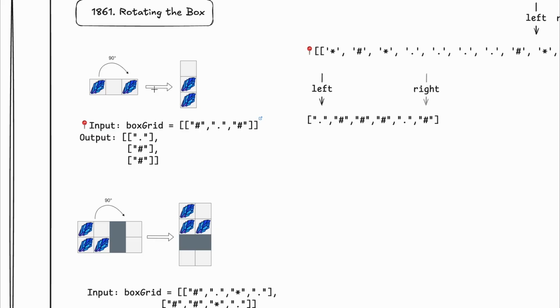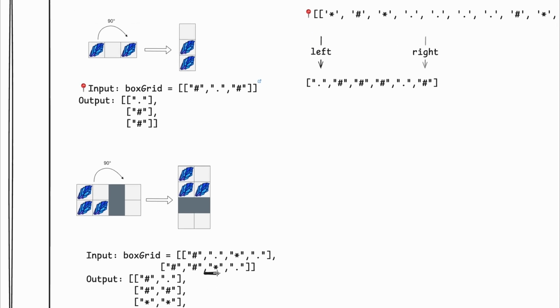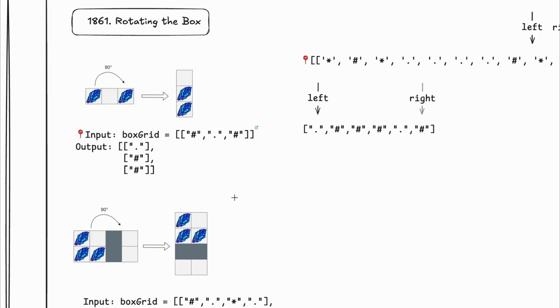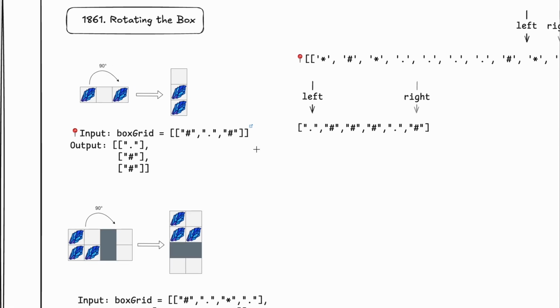So the question is, in the input we have a two-dimensional array filled with chars. Depending on the chars, this char denotes a rock, this char is empty, and this char means we have an obstacle. That's a particular detail of this problem, but anyway, we have to consider it.